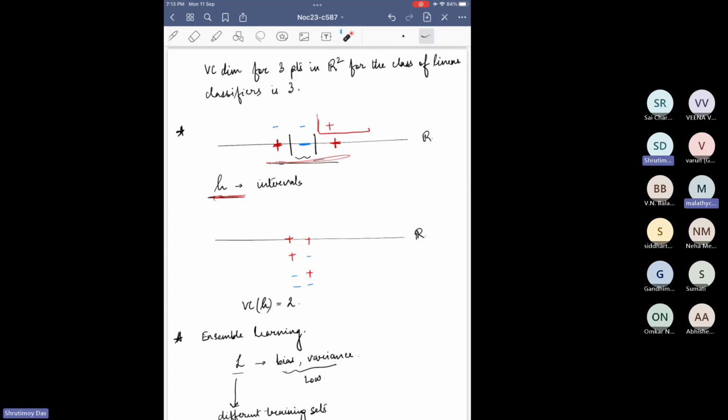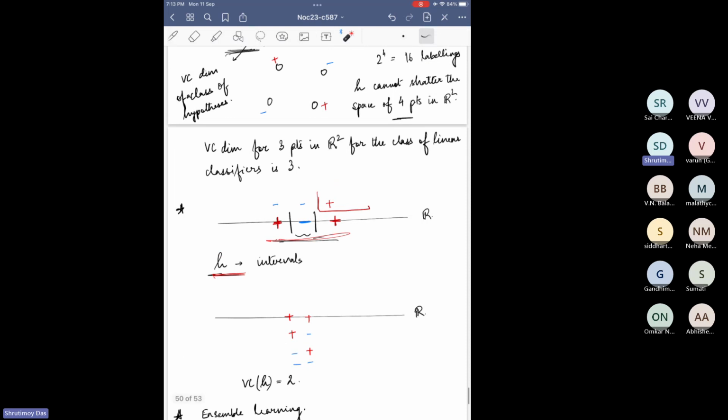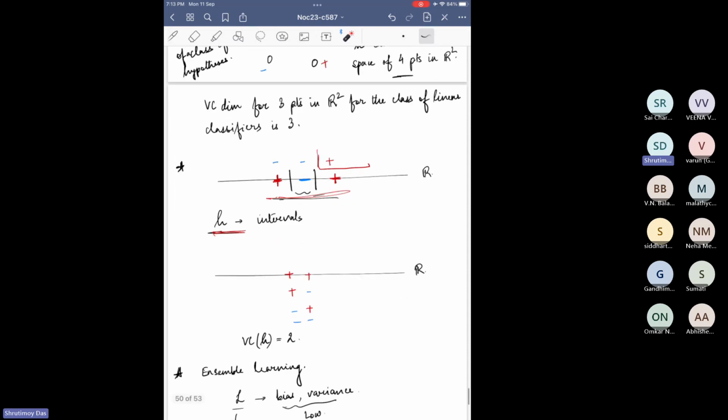They are different. Suppose I have 2 instances. If you have 2 instances, and for all possible labelings of these 2 instances, so you have 4 possible labelings here, your hypothesis can shatter this space, then we say that the VC dimension is 2.